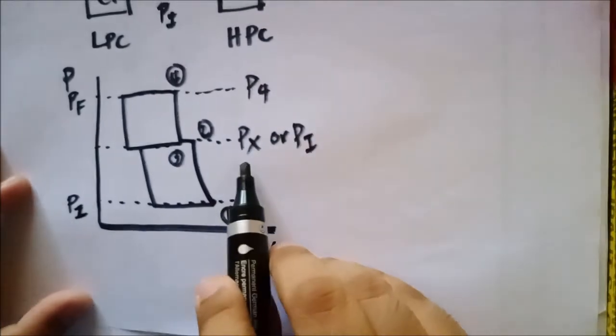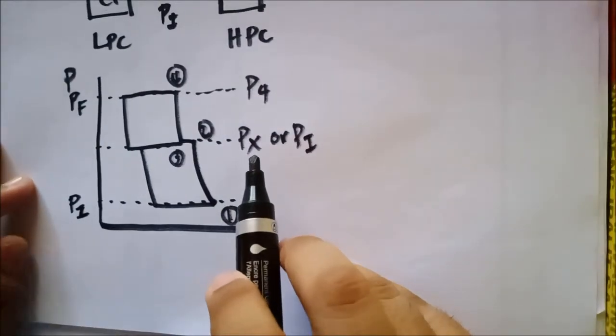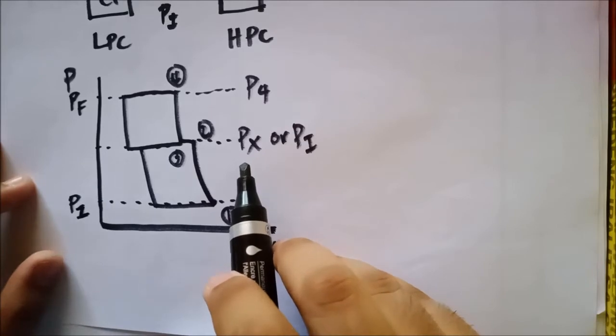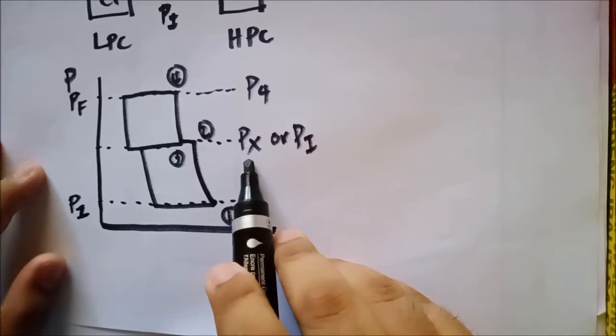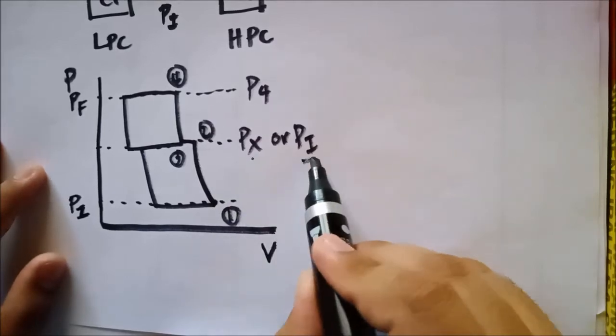Sometimes it's called PX because in a three-stage compression you have two interstage pressures, which are PX and PY. Now in a two-stage compression you only need to use PX or sometimes PI.